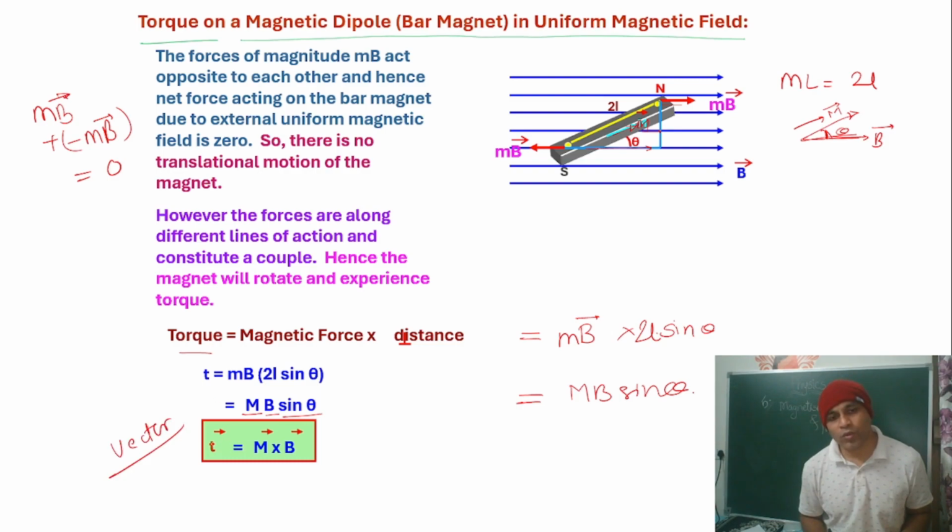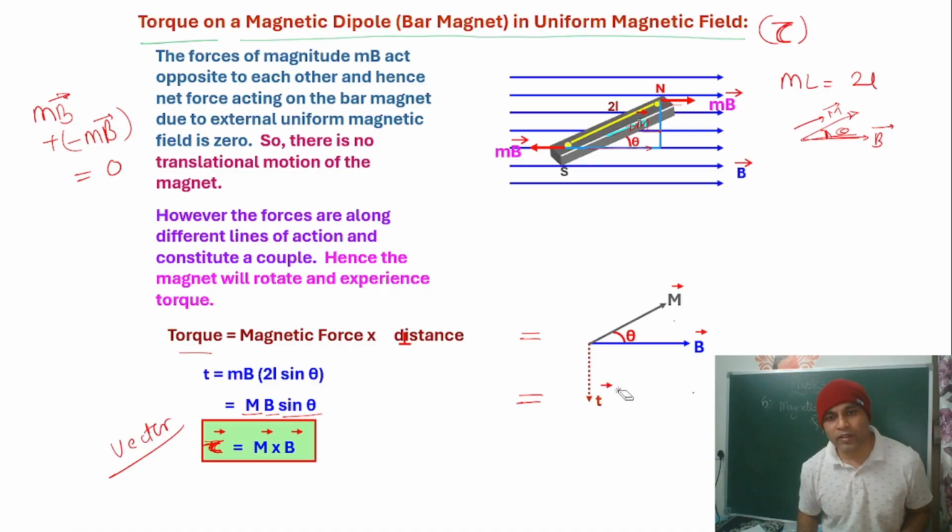So tau, the symbol for torque, is written like this: the cross product of M and B. You can see the magnetic field having angle theta with the magnetic dipole moment, and the torque applied acts to rotate the magnet. The direction of the torque is perpendicular to the plane containing the dipole moment and the field, perpendicular to the axis of rotation.